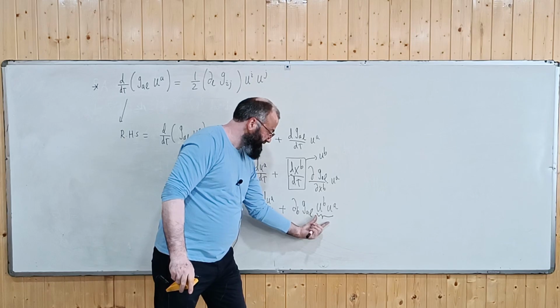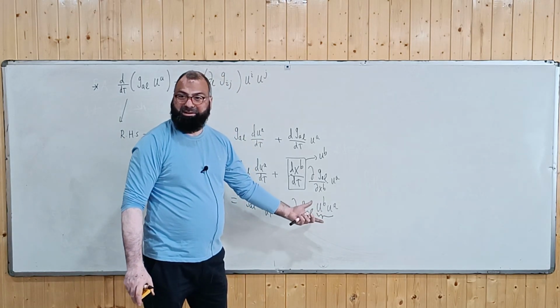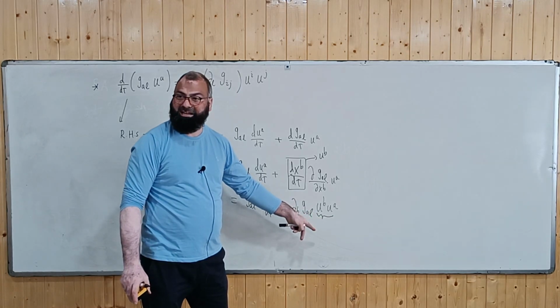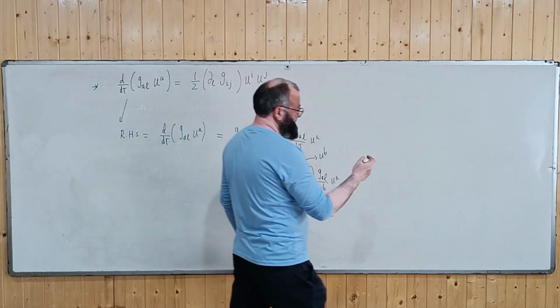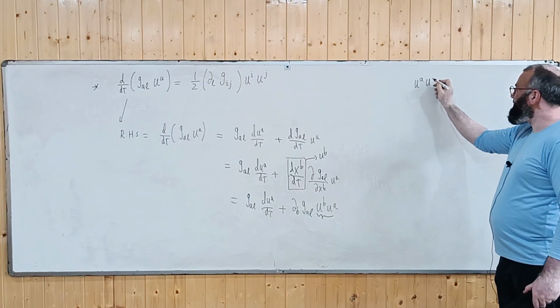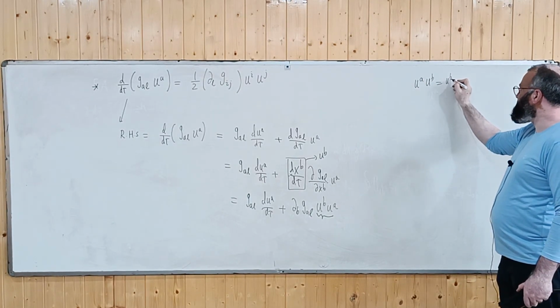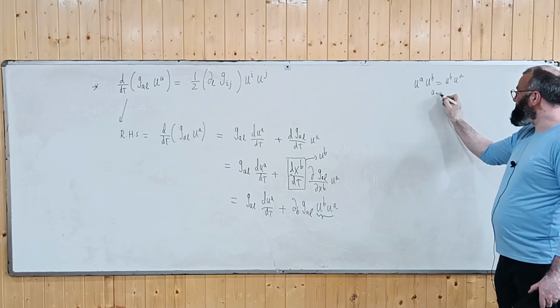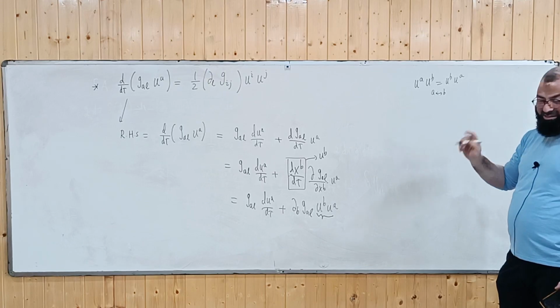So this object is u^B u^A, it's a symmetric tensor, is it? First tell me, is it symmetric in indices A and B? So what it means? You are having this product u^A u^B is the same as u^B u^A. So under interchange of A and B, it is same. So it is symmetric.